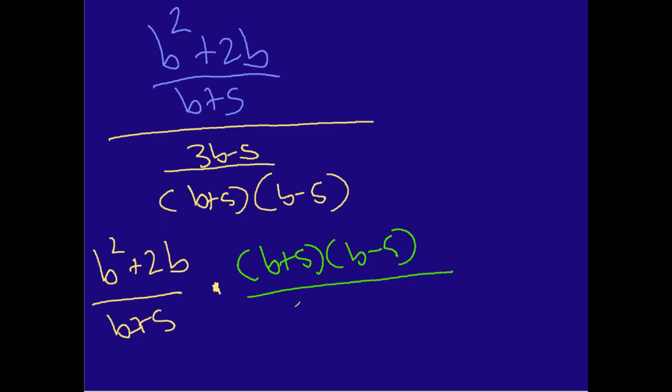All that over 3b minus 5. That's what I have. And so we're getting very, very close to being done here. Now, let's move to the next slide because we're running out of space again. So here we go. We're almost done. This is the problem that we're working with right now. We got b squared plus 2b, all this over b plus 5.